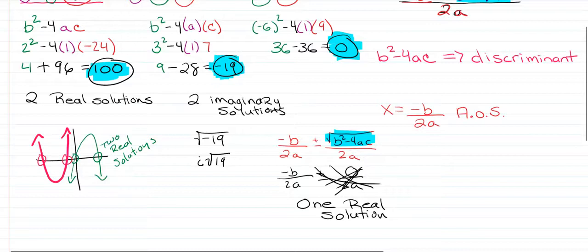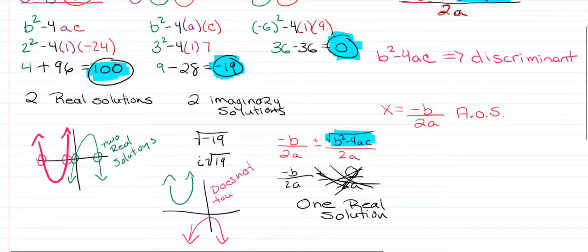What would the imaginary solutions look like? That's any graph that doesn't touch the x-axis. So if it doesn't touch, those are imaginary.